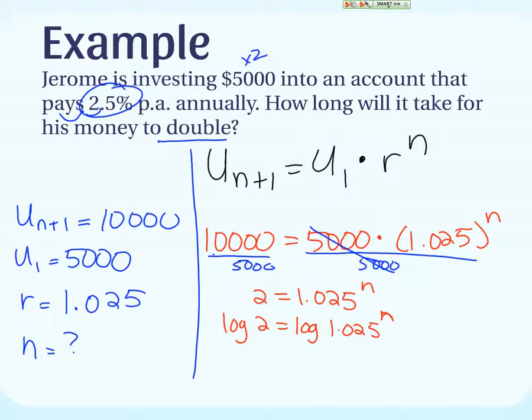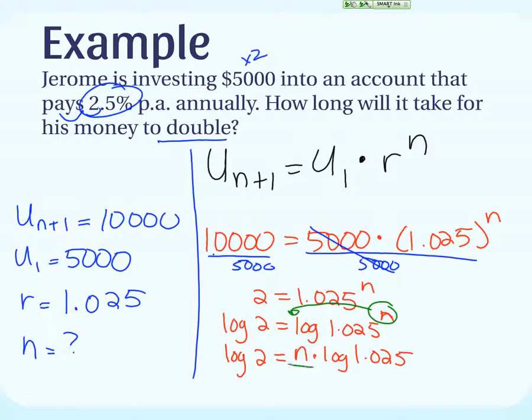And I've got to get the n by itself. Right now it's still in that exponent, but what can I do with it? Beautiful. We can put that in front. So log of 2 equals n times log of 1.025. Yep.